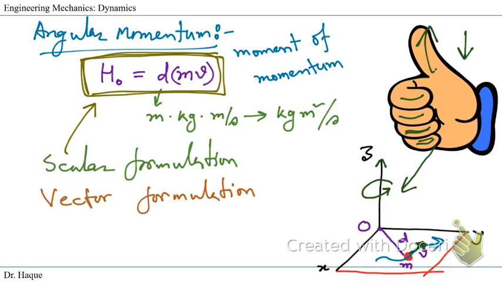So in this case, our particle is moving in this direction. I put my thumb along that direction, and my thumb says the direction of my angular momentum is along the z-axis, perpendicular to the plane where the particle is moving.